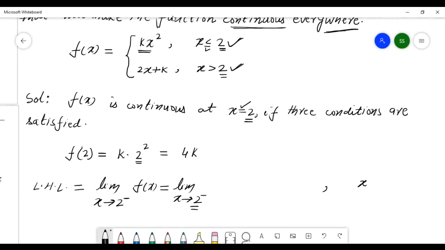And when x is less than 2, the function is x square. And as x goes to 2, this means 2 square, and this is equal to 4k.